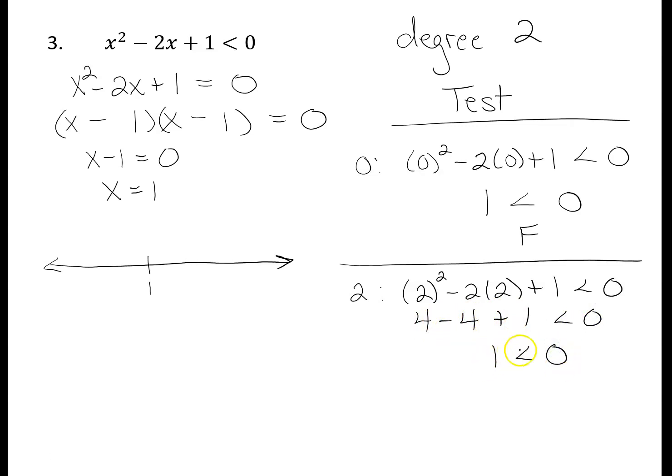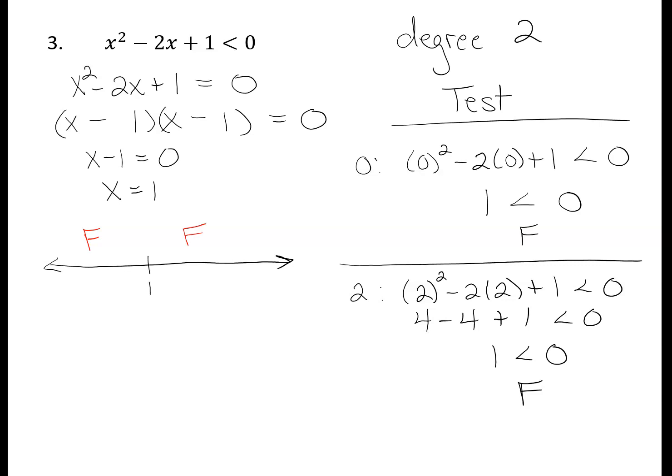So it says 1 is less than 0. And that is also false. So it's false for the left interval. It is false for the right interval. So that's why you do need to go ahead and test every time, not just assume they will alternate.